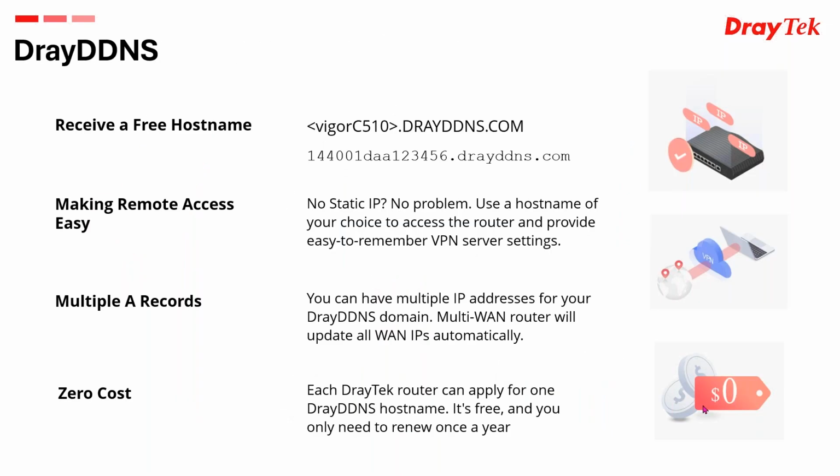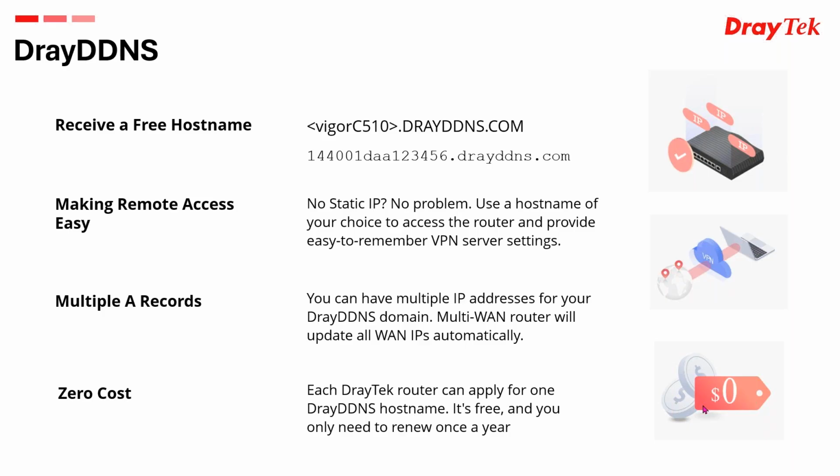Some other features that are very useful, for example, dynamic DNS. So there's a service that DrayTek runs called DrayDDNS, and it's completely free, so it's worth using. Why would you use that? So basically, it keeps the domain name system records updated with the correct IP address.